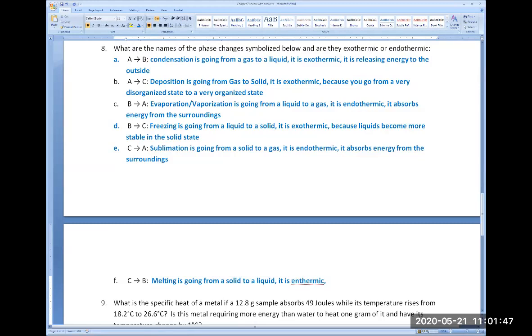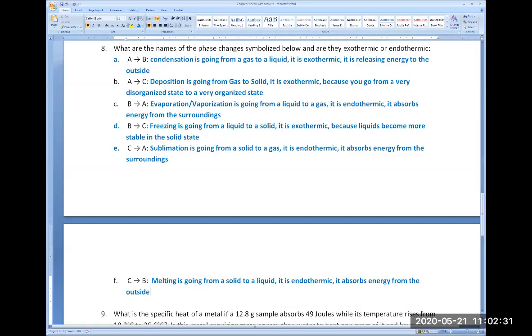Endo, yes, because the solid needs energy to break the attractions that are holding the particles together so that the particles are slightly more free to move. You need to give energy to the particles to be able to move around and break free from the attractions. So the substance takes energy inside, endothermic, and absorbs energy from the outside.